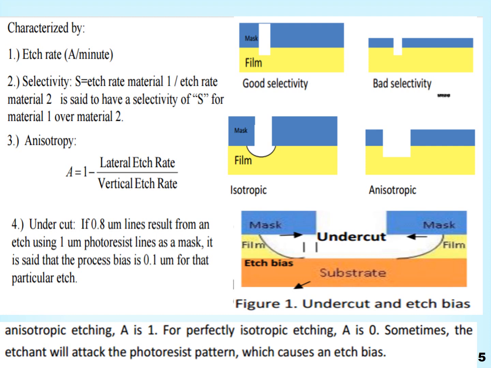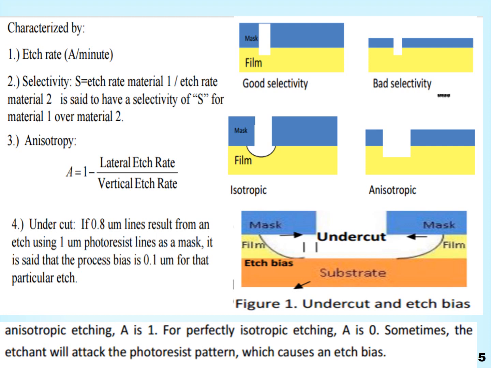What we want with anisotropy is that the etchant should react in a particular direction. We don't want isotropic removal, because in that case, as seen in the figure where isotropic is written, you can see that material under the mask also has been removed. This is not desired in integrated circuits.